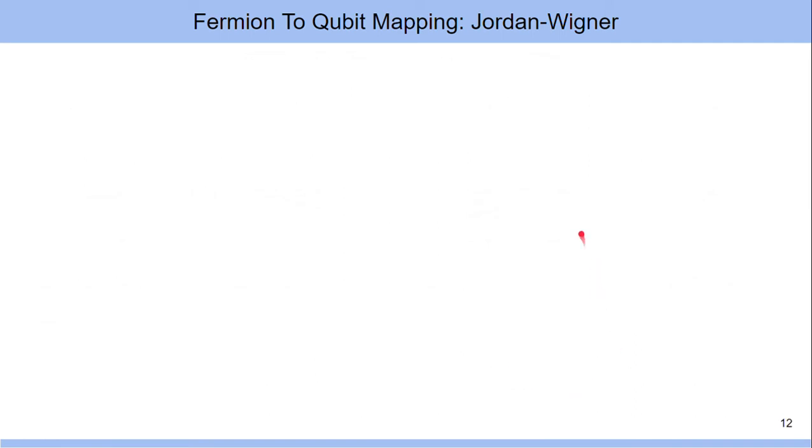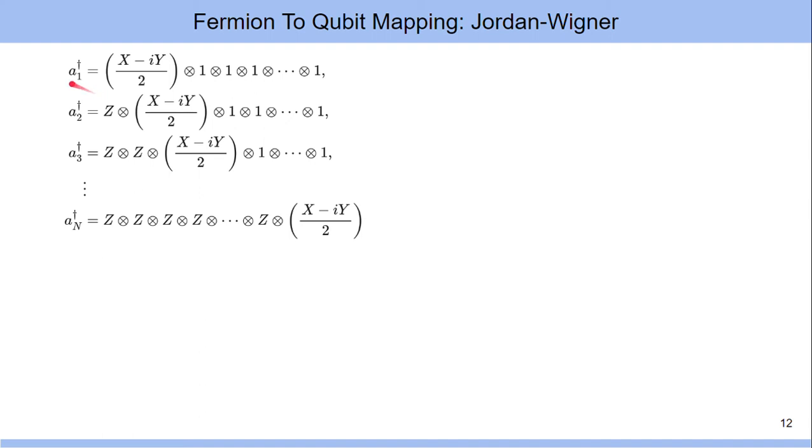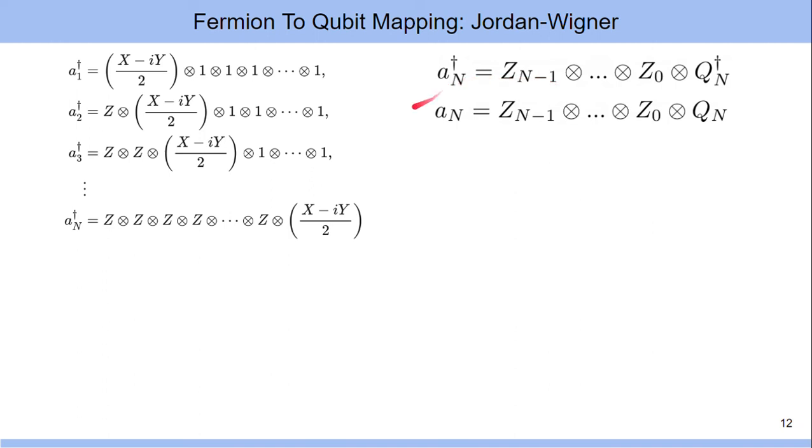This is used to write our fermionic operators in a form such that we apply an appropriate number of Z gates before the qubit creation or annihilation gate, such that we can represent our fermionic creation and annihilation operators as a summation of Pauli gates in accordance with the anti-commutation principle.